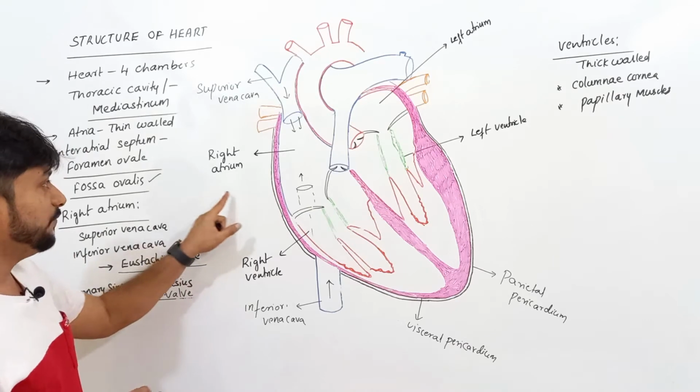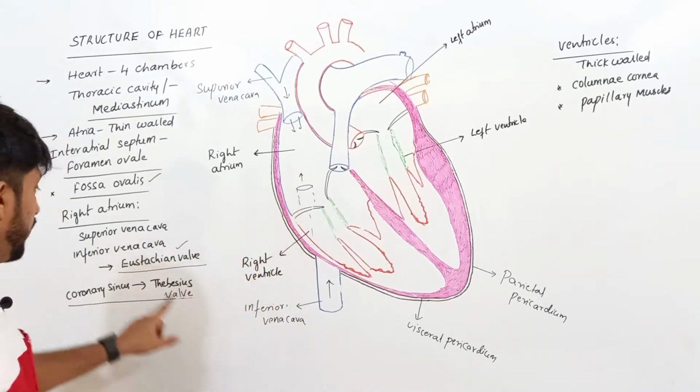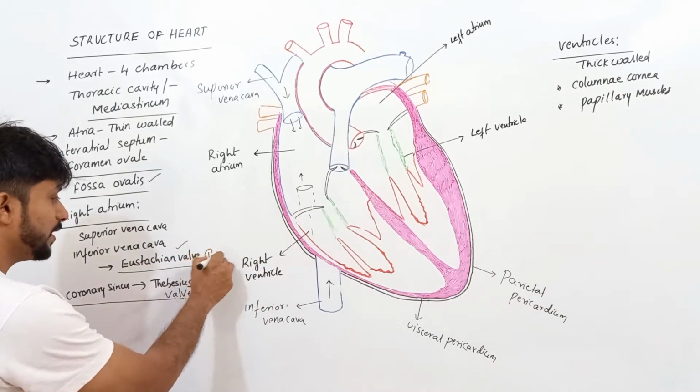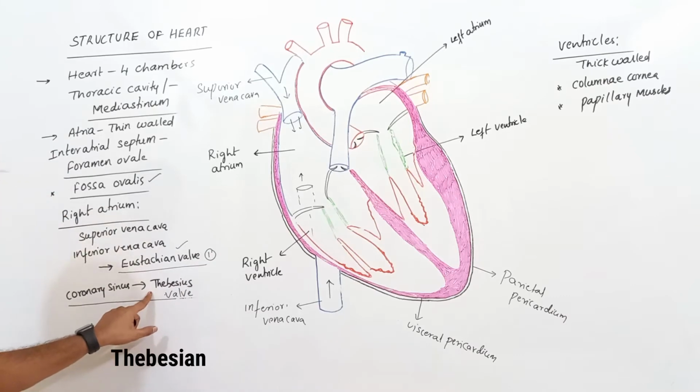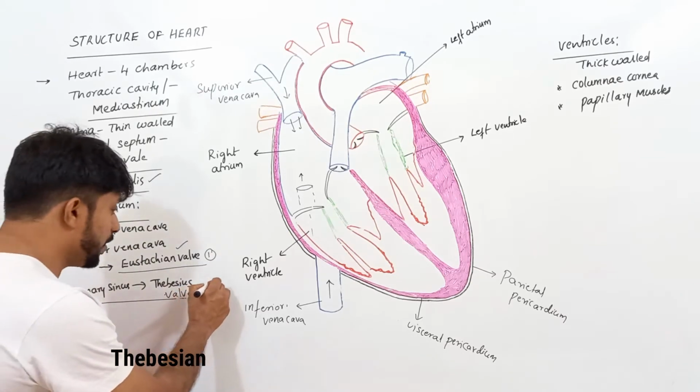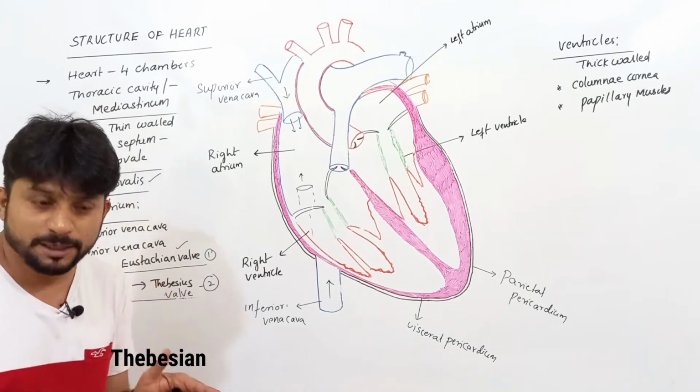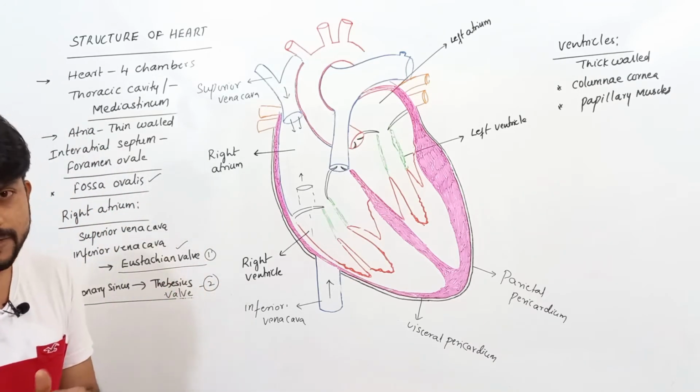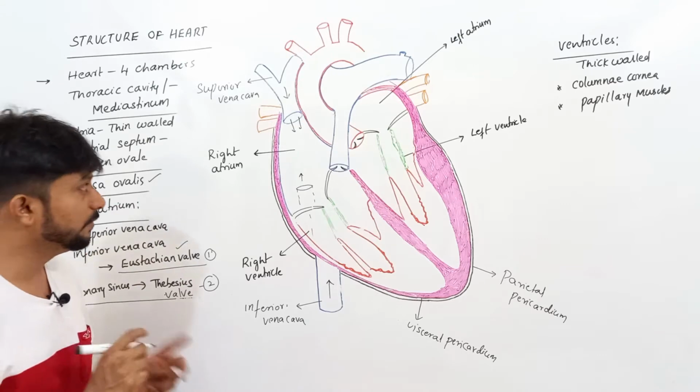So the opening of inferior vena cava is with Eustachian valve, and the opening of coronary sinus is with valve of Thebesius. These are the two valves which become vestigial in the adult heart, right?